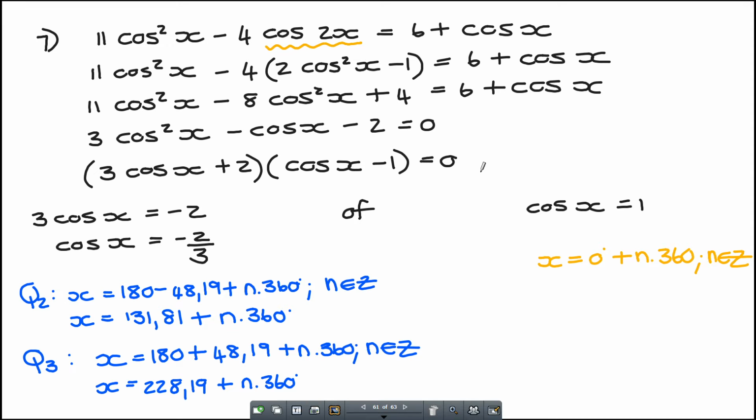So over here, I factorized the trinomial, and then I can make each one of those brackets 0. So if I make that one 0, I'm going to get 3 cos x is equal to minus 2, and take that 3 over, so it would be cos x is minus 2 over 3.